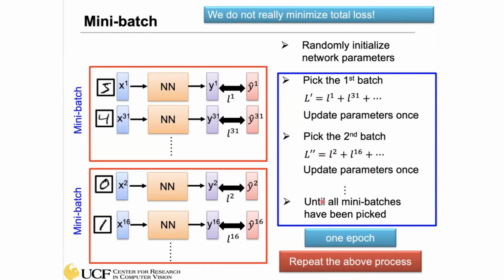In this case, we iterate over all the samples in the training data set, which is those 100 images. The whole process we consider one epoch. And of course, we can repeat the whole process for many training epochs. So you often hear how many training epochs it takes for the model to converge. This is where this concept comes from, okay?